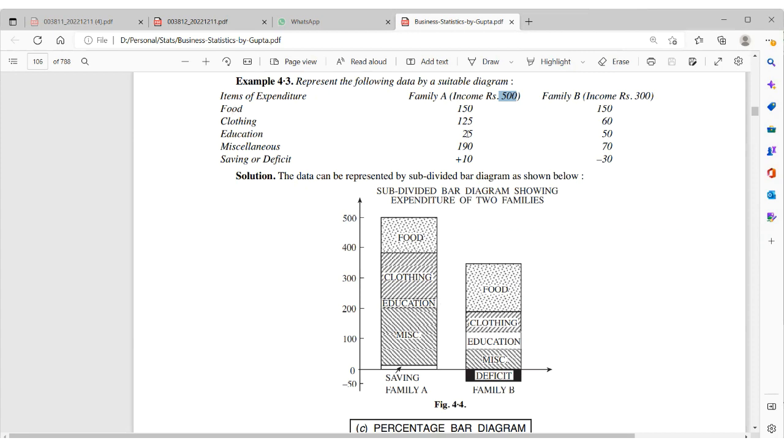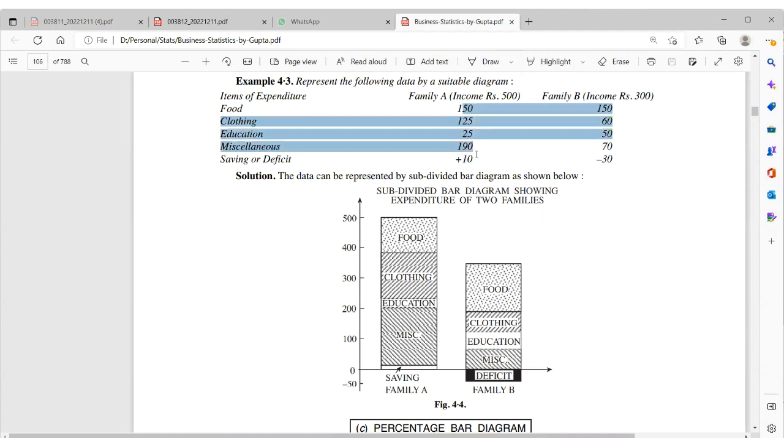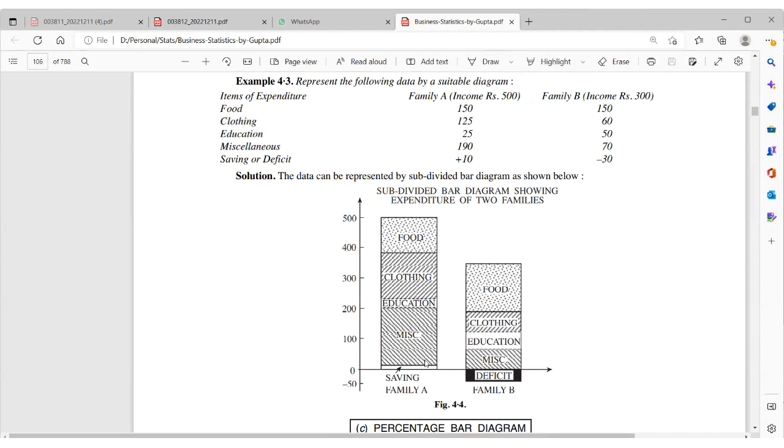So first of all, saving 10. If we total these things, we get 500, right? Now we start from this. This is 10 saving, right? Then 10 plus 190 becomes 200. So at 200, we make a line. This comes to be miscellaneous automatically, right?